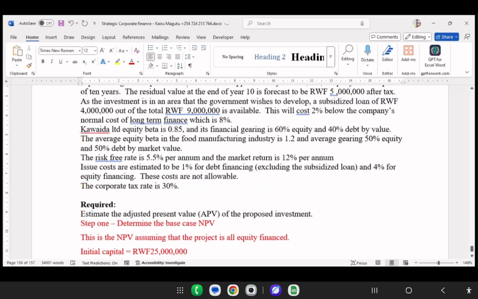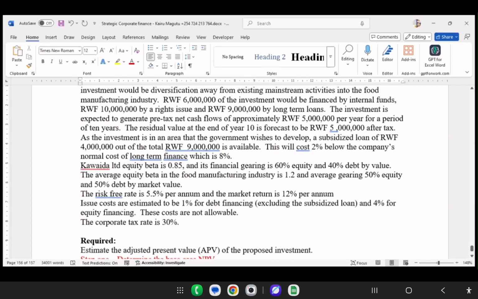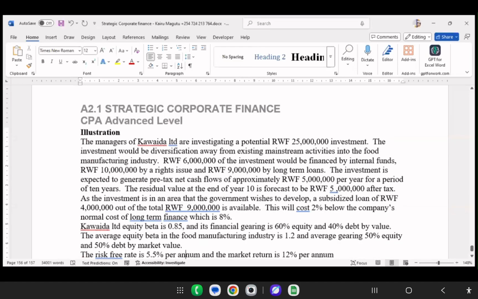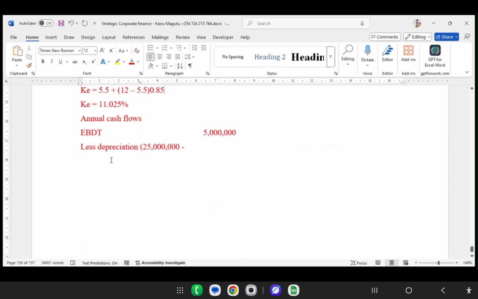I don't know whether we are given the salvage value. Is there salvage value somewhere? Yes, the residual value at the end of the 10 years is forecast to be 5 million. So unless otherwise provided, we assume the straight line depreciation method. You divide by 10.